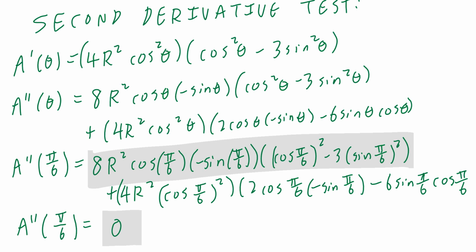In the second part, I'm going to press 4 times cosine of pi divided by 6 squared times, in brackets, 2 times cosine of pi divided by 6 times negative sine of pi divided by 6, and I'm going to keep going.